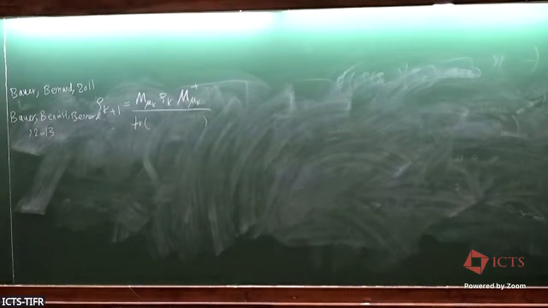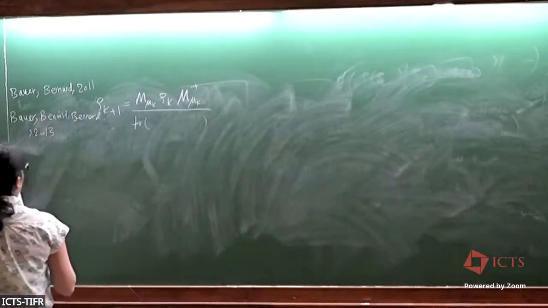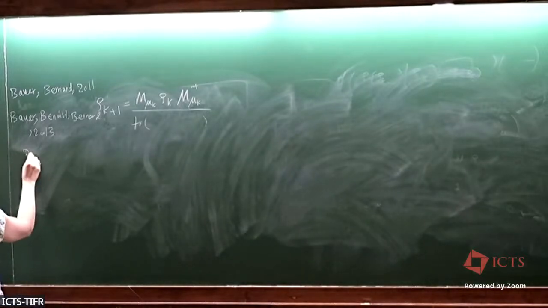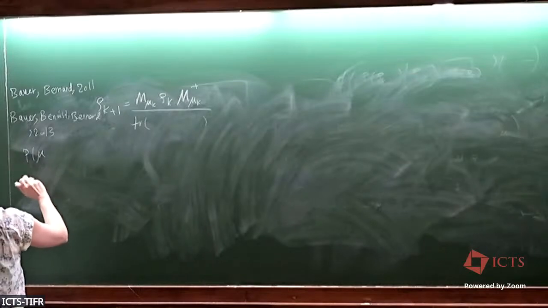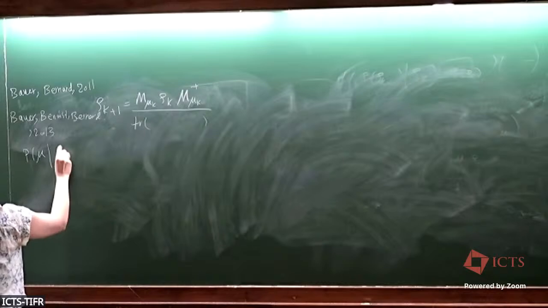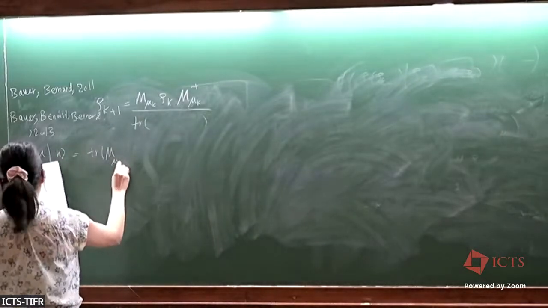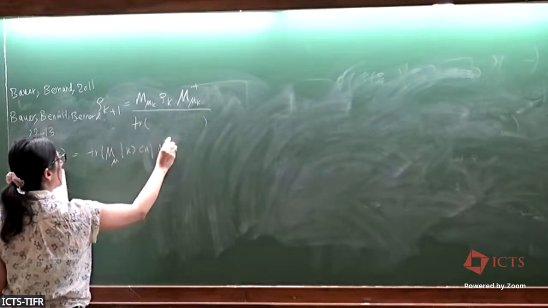In fact, I will just give you some notation first. I will define the probability to get a result mu knowing the state n. So this is the trace of A mu rho n A mu dag.